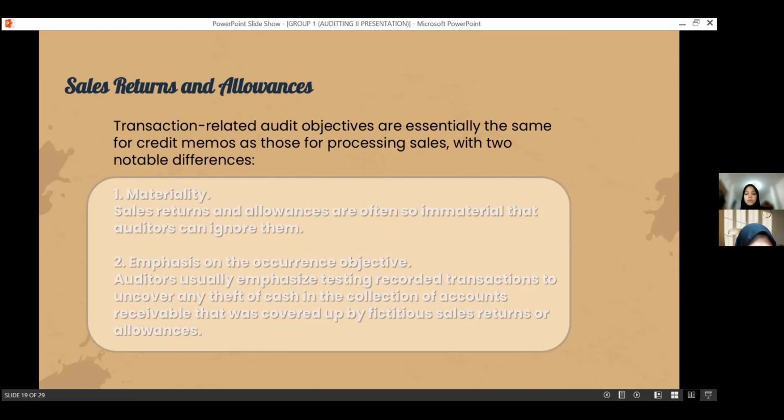Sales return and allowance are often so immaterial that auditors can ignore them. The second, emphasis on the occurrence objective. Auditors usually emphasize testing recorded transactions to uncover any theft of cash in the collection of accounts receivable that was covered up by fictitious sales return and allowance.